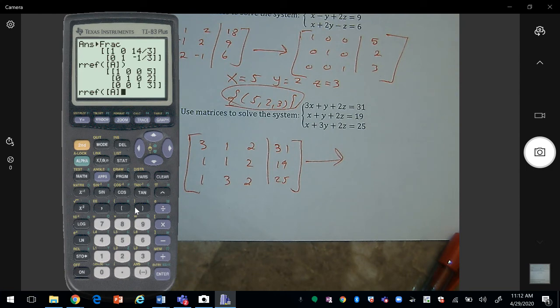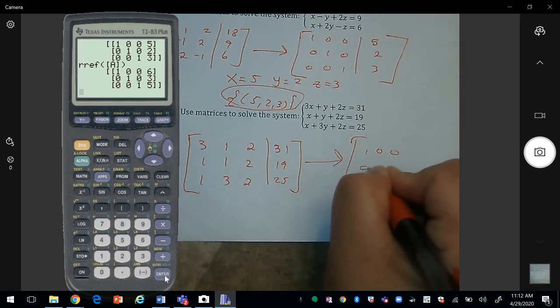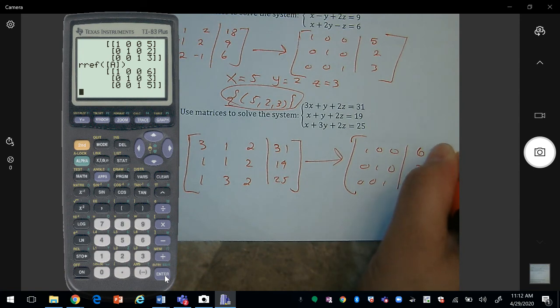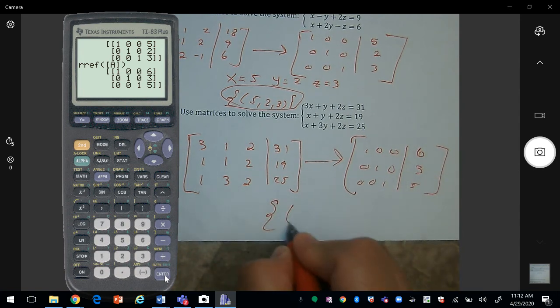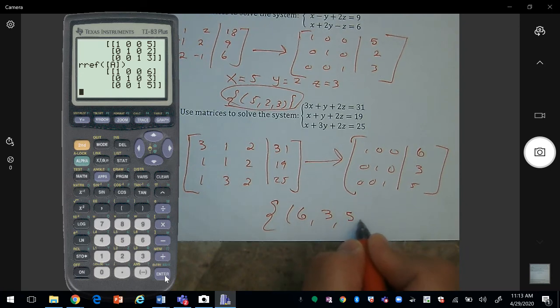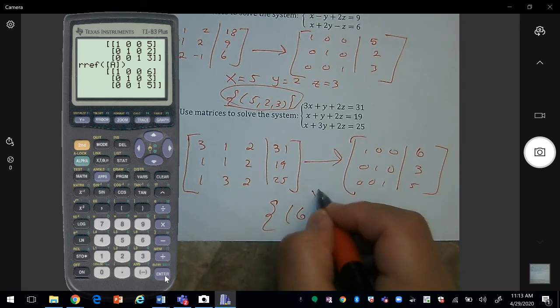So we get A. And so our answer is 6, 3, and 5. So my solution system here is 6, 3, and 5. So that's your X, Y, and Z.